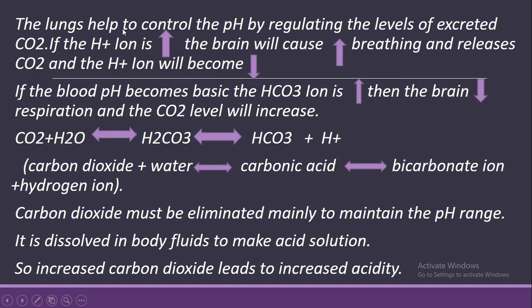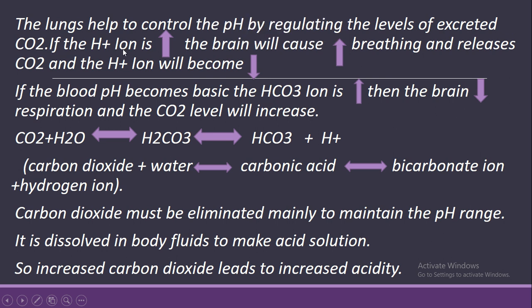The lungs help to control the pH. The kidney and the lung are the two major organs which help to control the pH. The lungs help to control the pH by regulating the levels of excreted carbon dioxide. Hydrogen and bicarbonate ions help regulate the pH, and here carbon dioxide plays a major role, because the lungs mainly deal with oxygen and carbon dioxide.